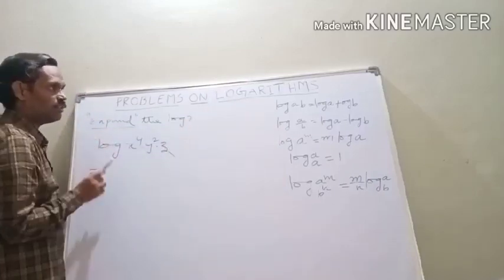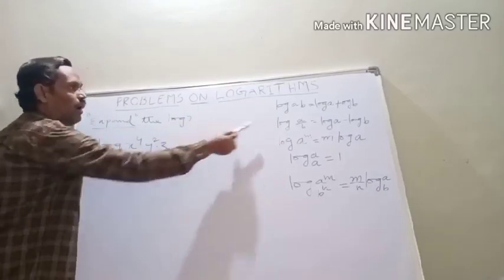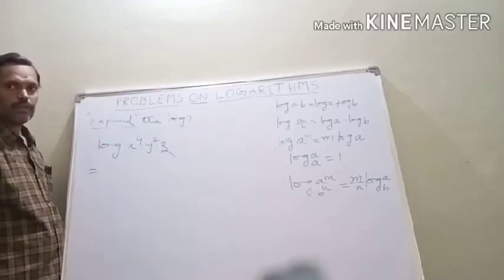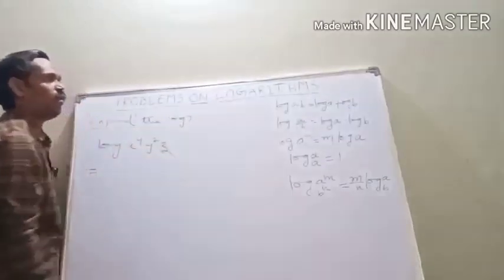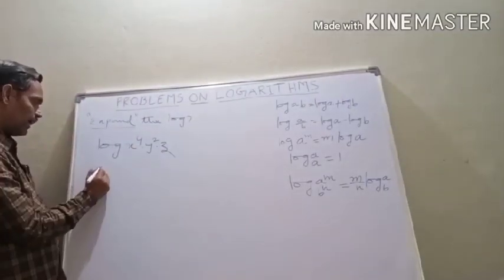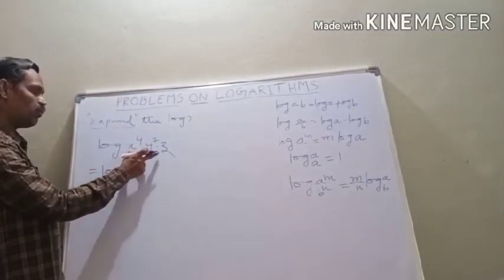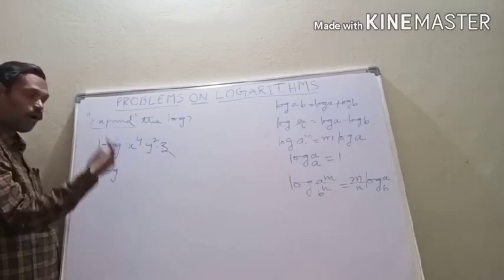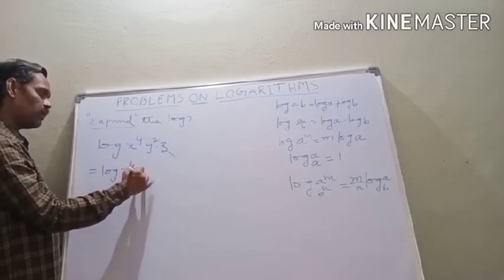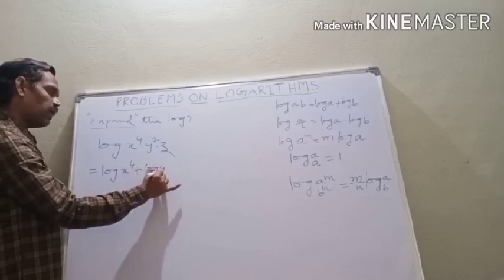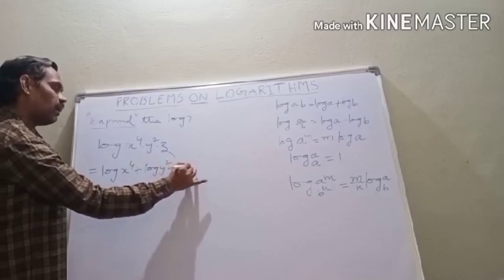So, here which formula is suitable? Formula 1 or formula 2? Here this is a product. That's why we are applying formula 1. You write like this. This product can be written as a sum of logs, that is log x to the power of 4 plus log y square plus log z.